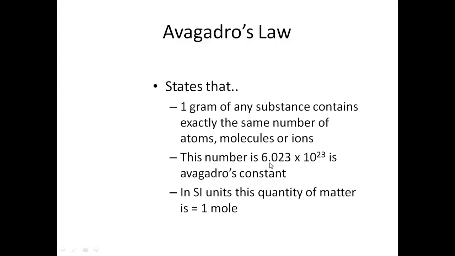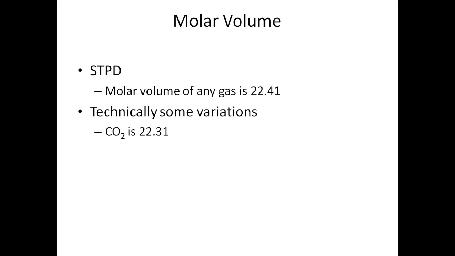So this number then is 6.023 times 10 to the 23rd, and that's what's considered Avogadro's constant. So when we calculate that out, what we find is at standard temperature and pressure, so at 0 degrees Celsius and at 760 torr, the molar volume of a gas is 22.4 liters.